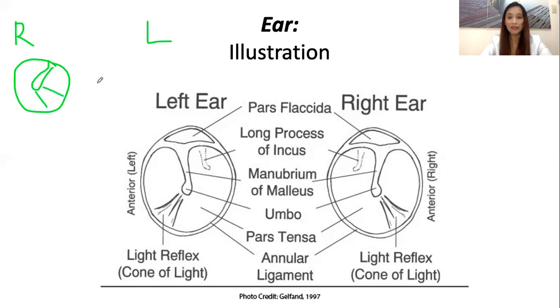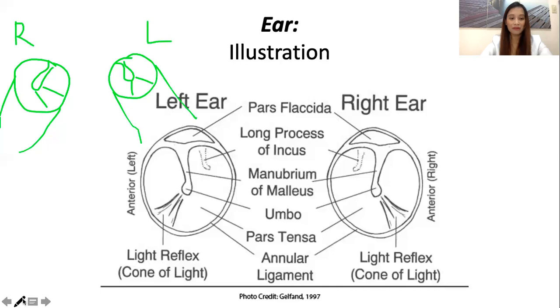So that's how we draw it in the chart. And then you have your ear canal. And likewise, your left ear, like that, and then your cone of light, and then your ear canal.